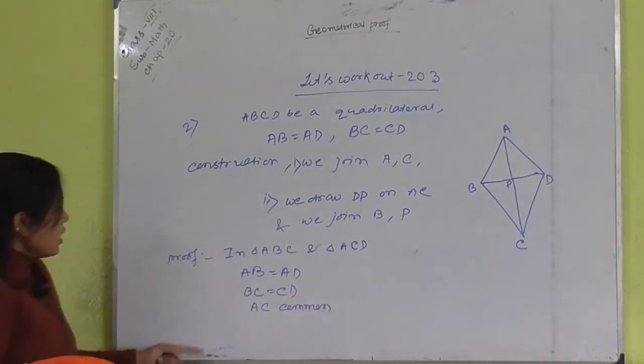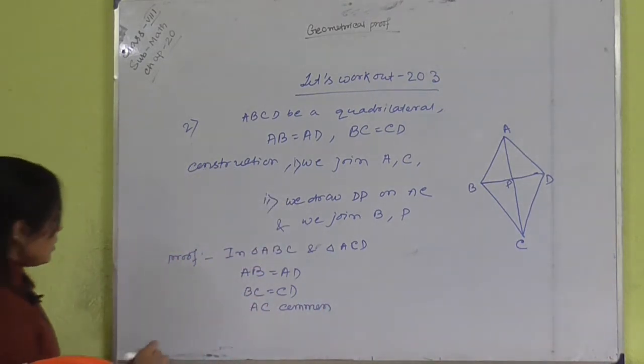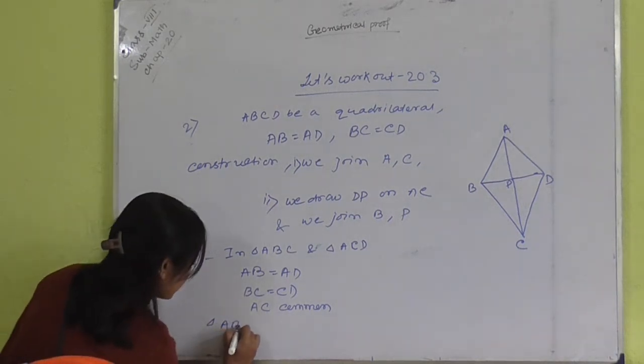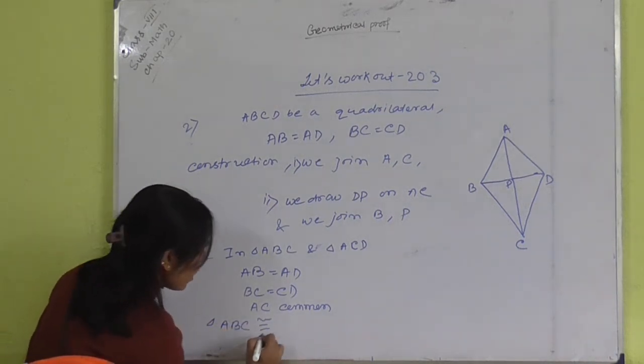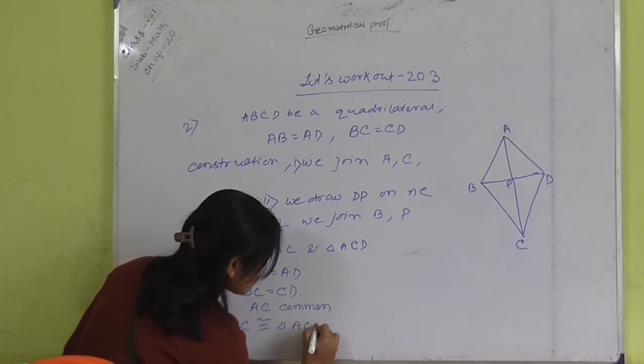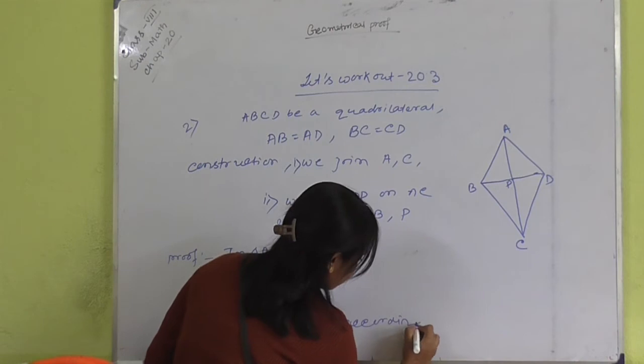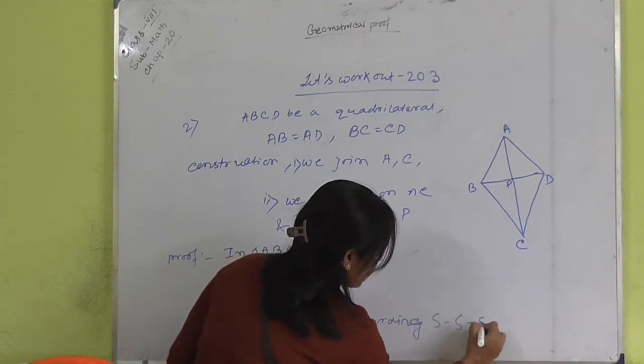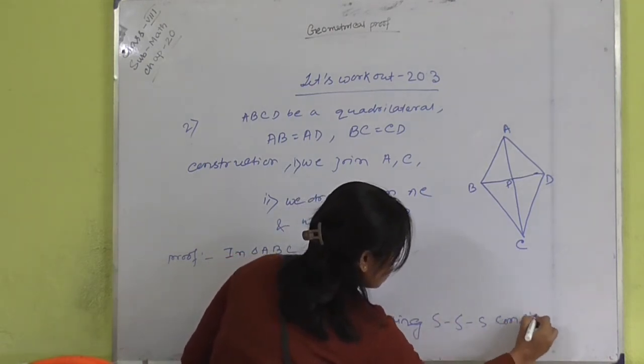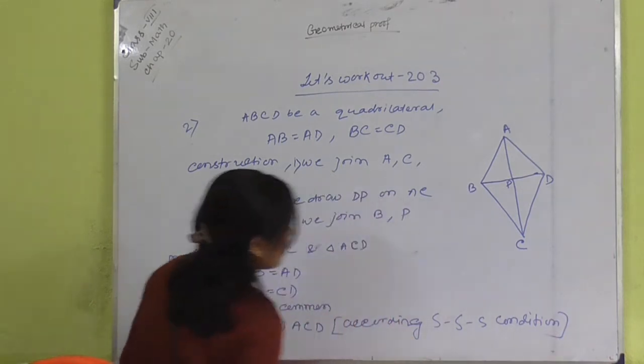So we can say that triangle ABC is congruent to triangle ACD according to the SSS condition.